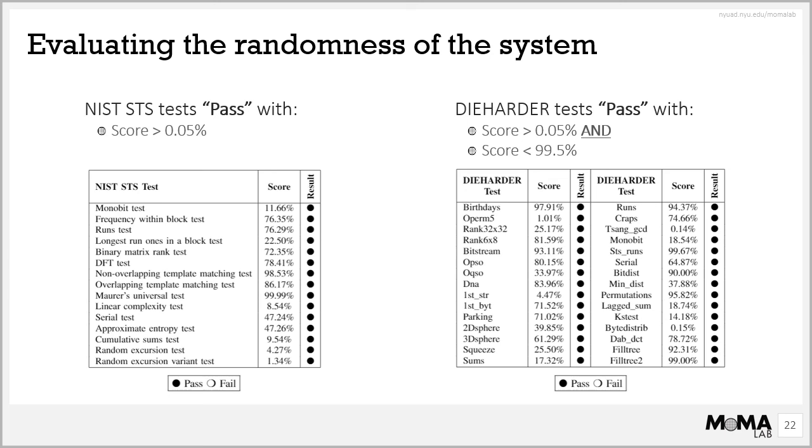It is important to mention that regarding the NIST STS, the tests are considered a pass when they obtain a score that is above 0.05%. And in Dieharder, the tests are considered a pass with scores above 0.05% and below 99.5%.